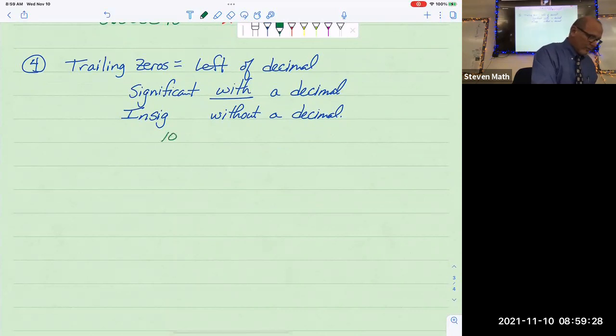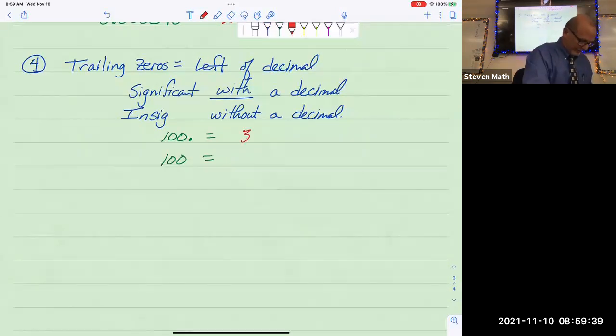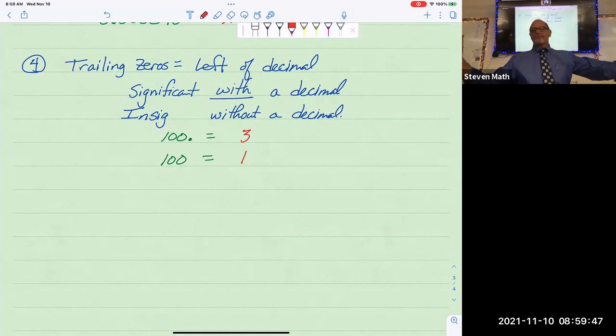So 100. has 3 sig figs. 100 has 1 sig fig. These are only ones to the left of the decimal. We're going to do right of the decimal next.